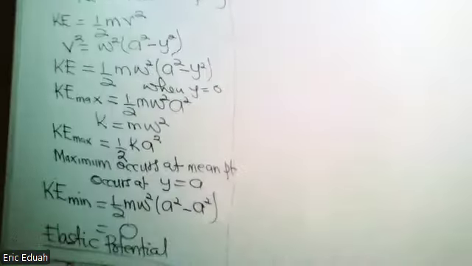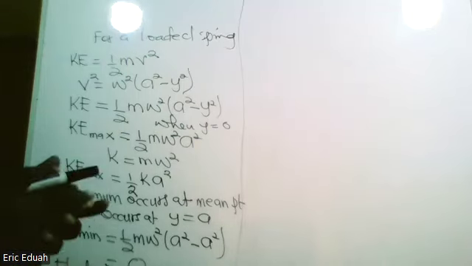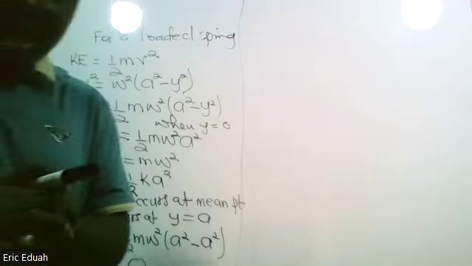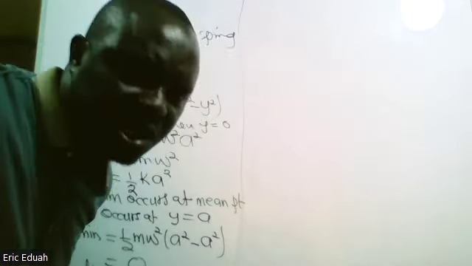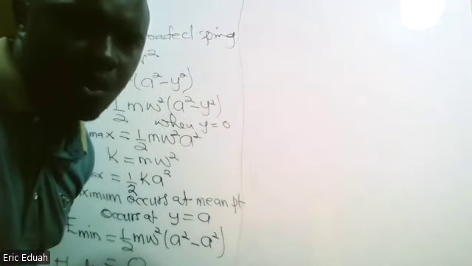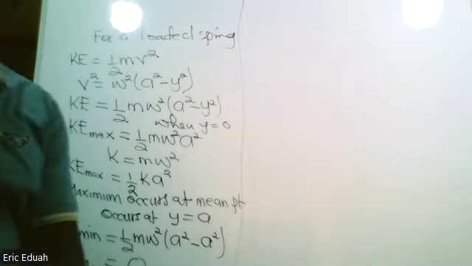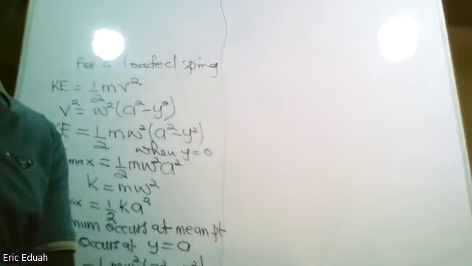So we define the elastic potential energy as the work done in stretching or compressing the spring. And this is also equal to the energy stored in the spring. So the work done in compressing or stretching the spring is also known as the energy stored in the spring.